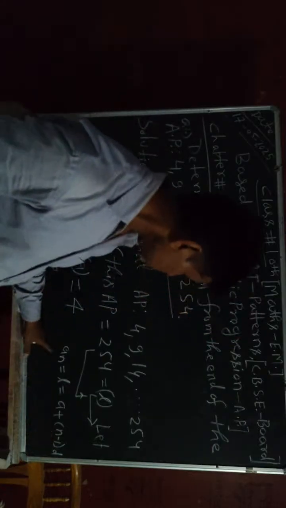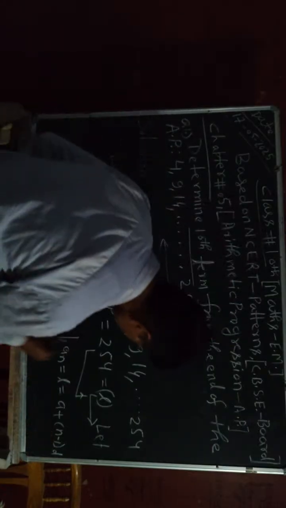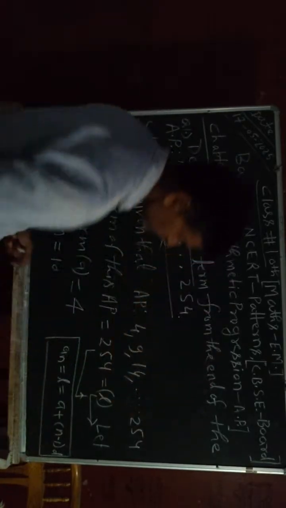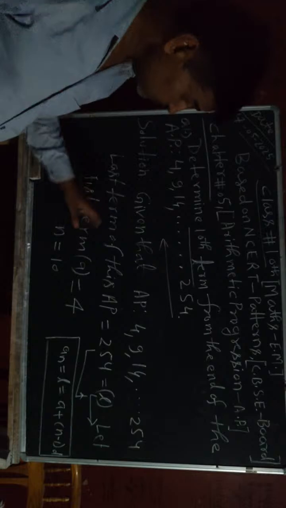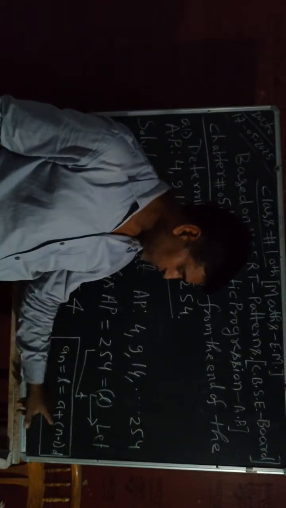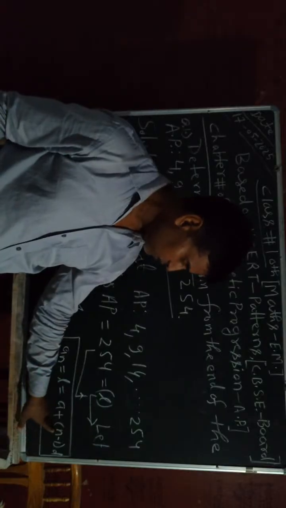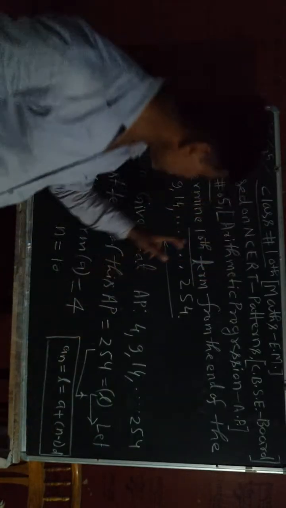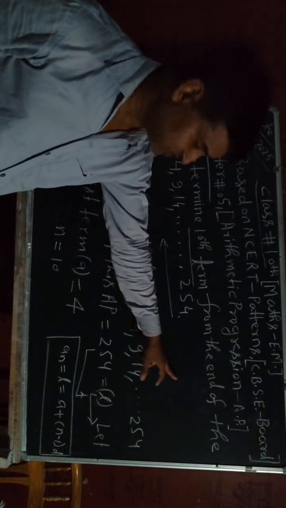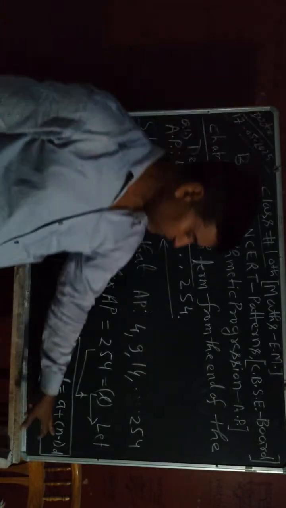Okay, student. So this is the formula we have to use. The value of n is given in the question. The value of a is also given in the question. The value of n is also available, because we have to get the 10th term from the end of the AP series.